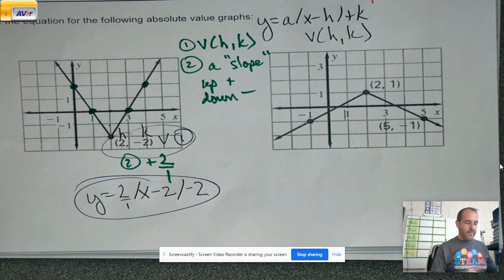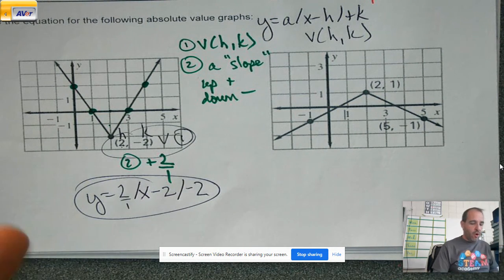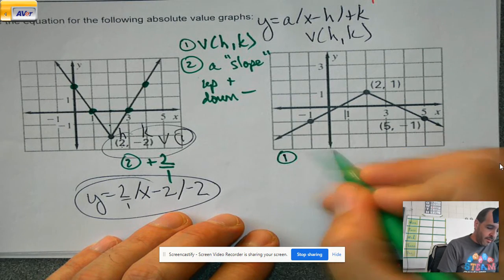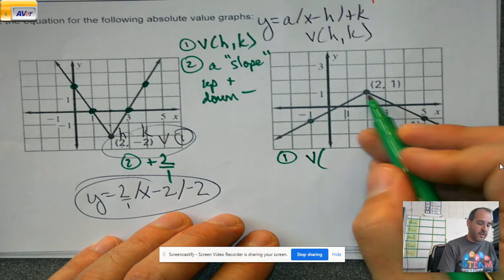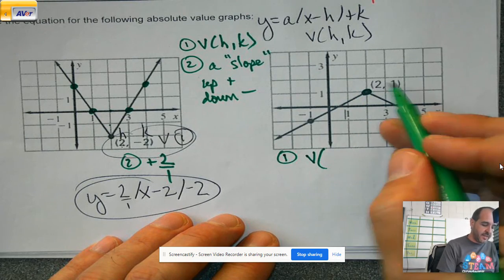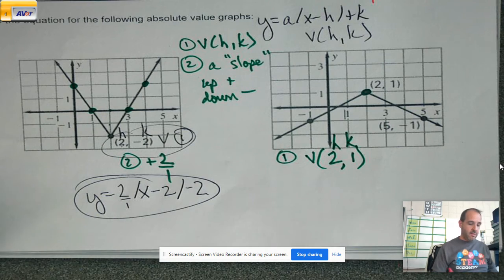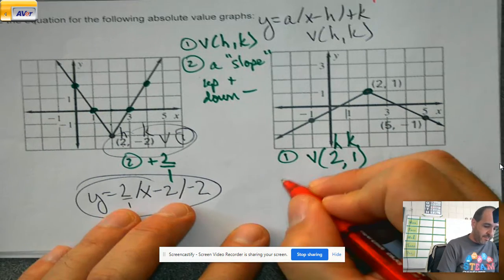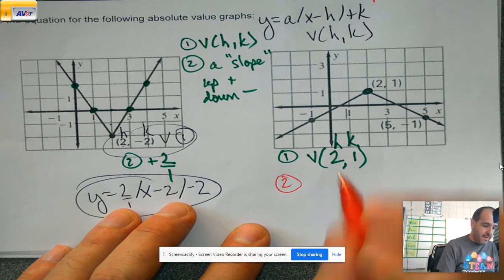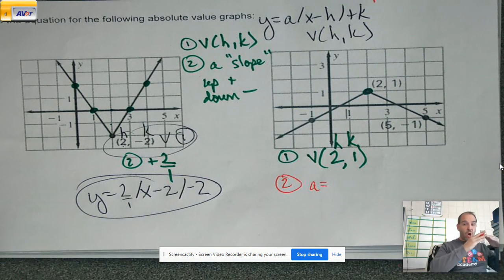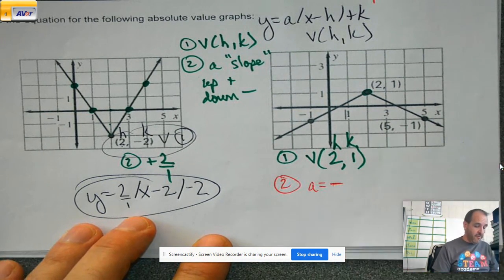One more time, and you have survived. Again, have this as reference. If you need to go back and look at something, that's okay. So 1. My vertex, be careful. This is my vertex here. Just because I'm seeing numbers doesn't mean I got to use them. So there's my H and my K. And then my slope. Opening downward means it's negative.